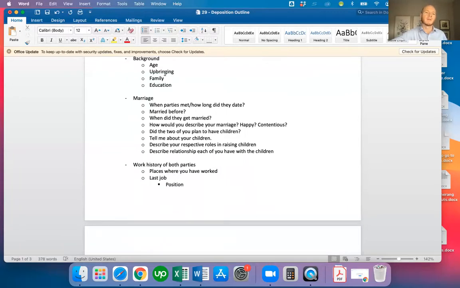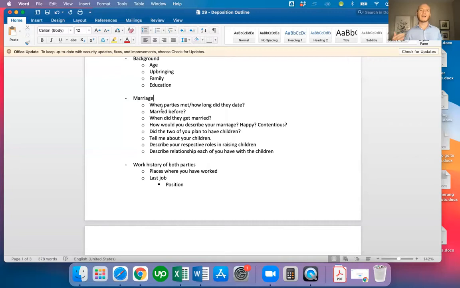And generally speaking, this isn't like a script that you need to stick to throughout the deposition. This is a framework, and you want it to be more conversational, and you want to be curious. You need to be an active listener, and based on what they say, you want to ask follow-up questions so that you can get a full understanding of who they are and a full understanding of their story and everything that you think is relevant to the case.